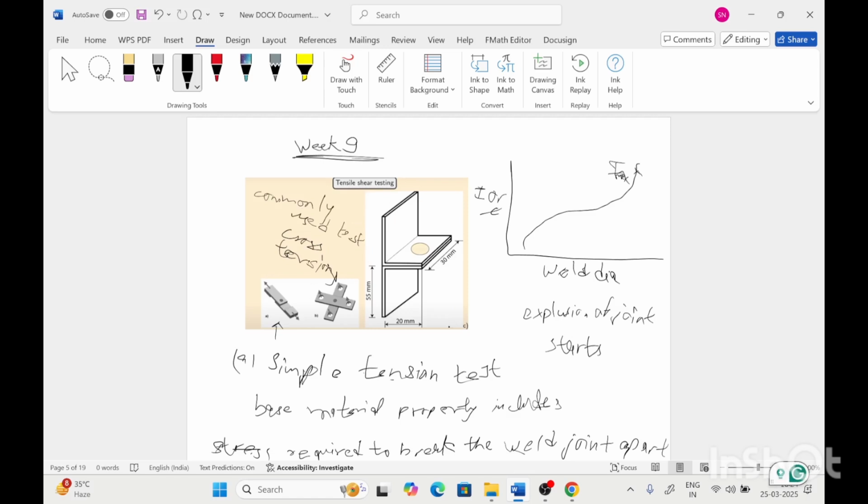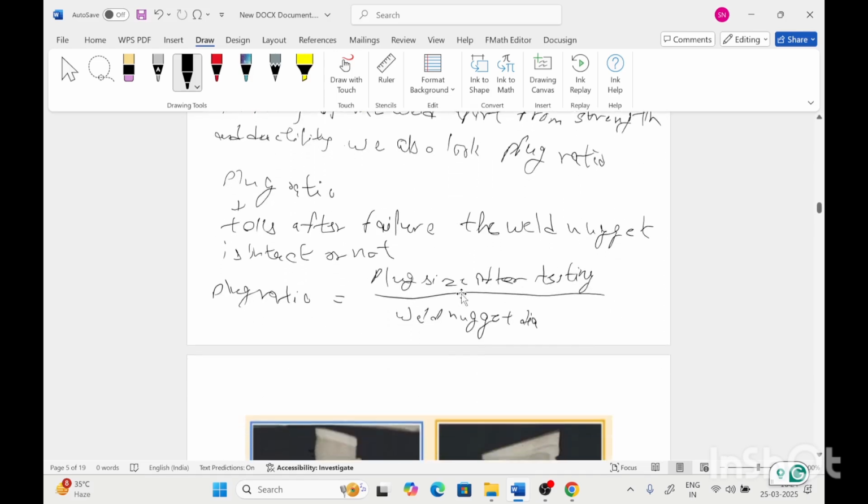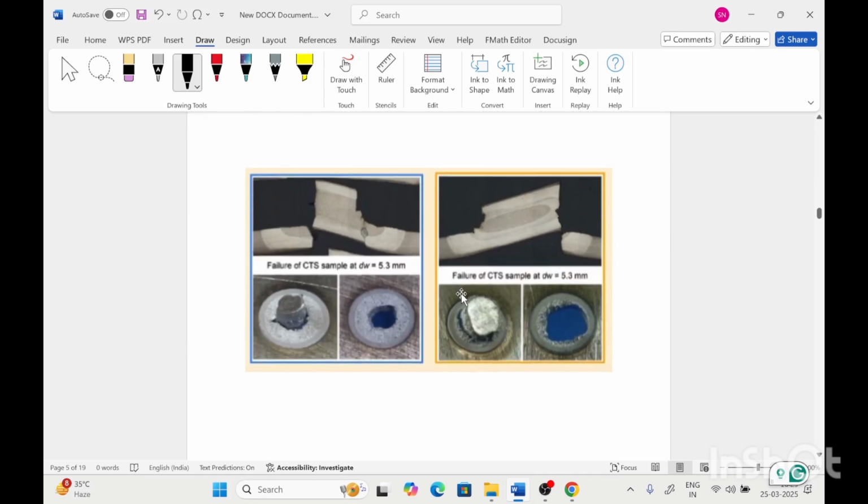The third test is the tensile shear testing, in which the weld nugget strength can also be measured accurately. There are two conditions of failure of the weld joint. In the first case, the weld joint failure occurs from the weld nugget.